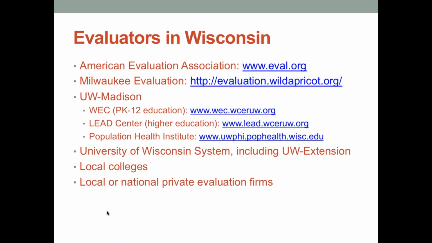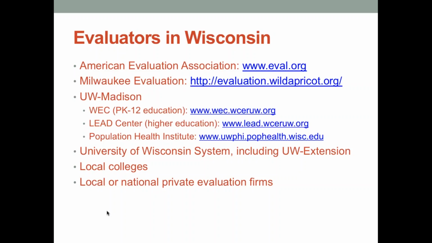There's a Population Health Institute, has an evaluation arm to it, so any of the health-related programs, that would be a good place. Our wonderful UW system across the state, including UW Extension, has lots of wonderful resources and people, so that's a great place to start too, with your local UW system campus or local colleges.